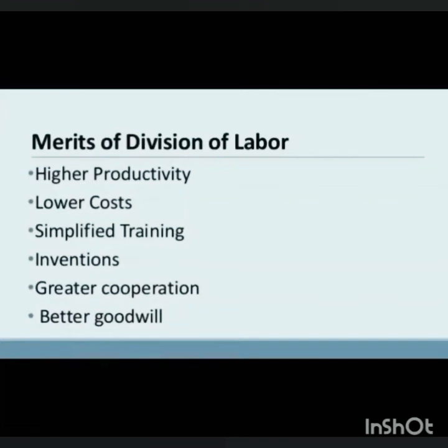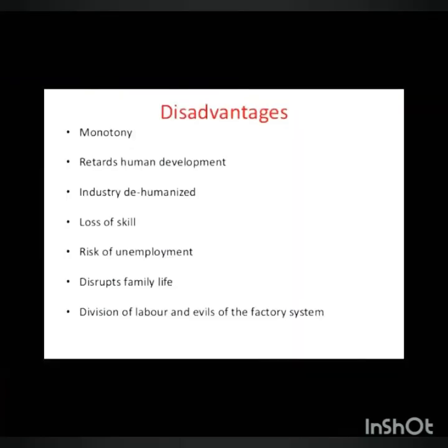It improves the efficiency of labor, and it results in invention in the same kind of production, and time and materials are put to the best and most efficient use. If we see the demerits of division of labor, the repetition of the same task makes labor feel somewhat bored in the work. It is a kind of monotonous work, and narrow specialization.